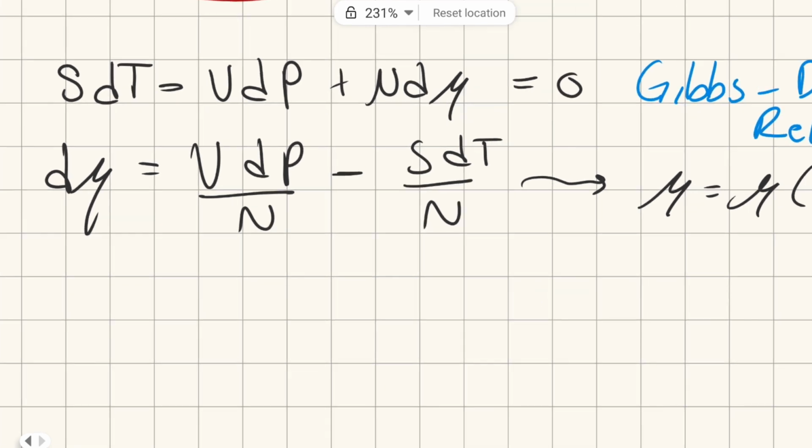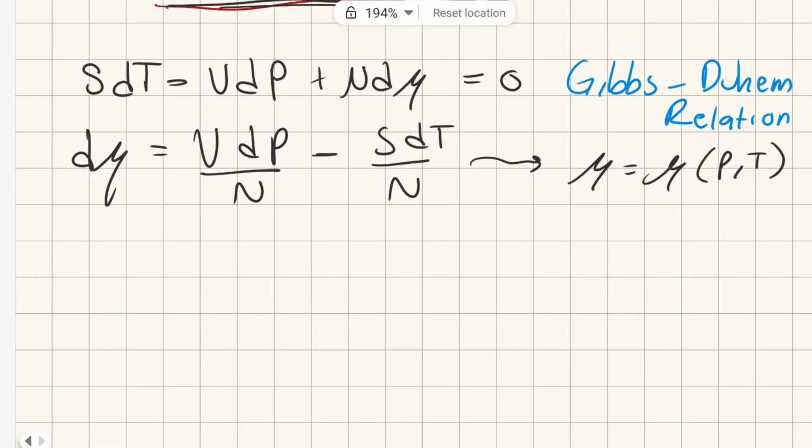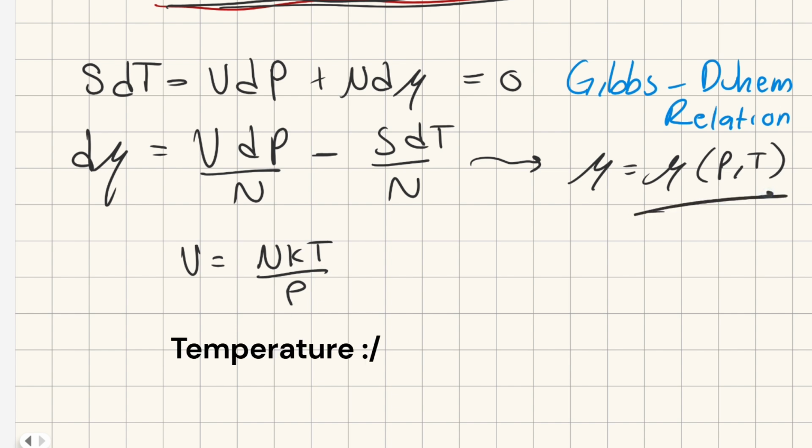Okay, so we see here that we are involving the volume and the entropy, and we are speaking about the ideal gas. So for the volume, we know that there is a very famous relation that relates the volume with the temperature and the pressure, which is the very well-known formula of the ideal gas that says that V is equal to NkT divided by P. So with this, we have the volume as a function of the pressure and the temperature, which is what we want.